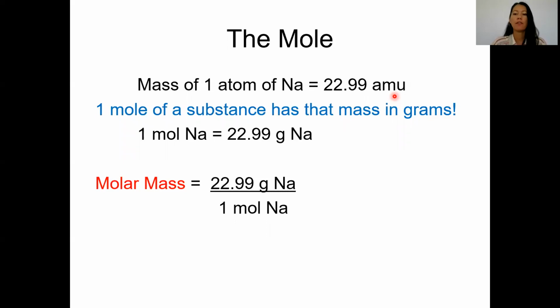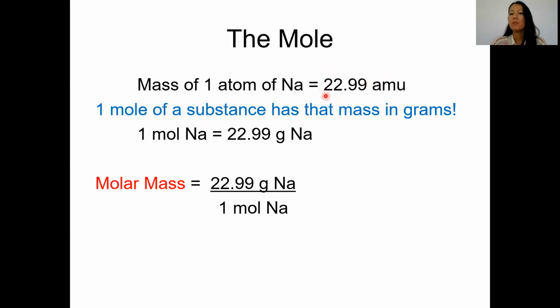So scientists have come up with a clever way to work with this. We created a unit called the mole, so that for a mole of a substance, it will have that mass in grams.